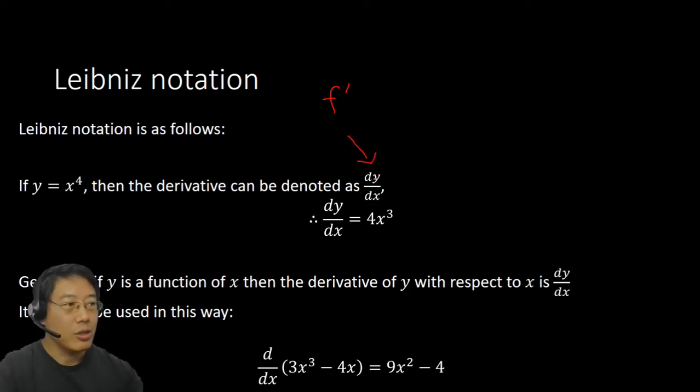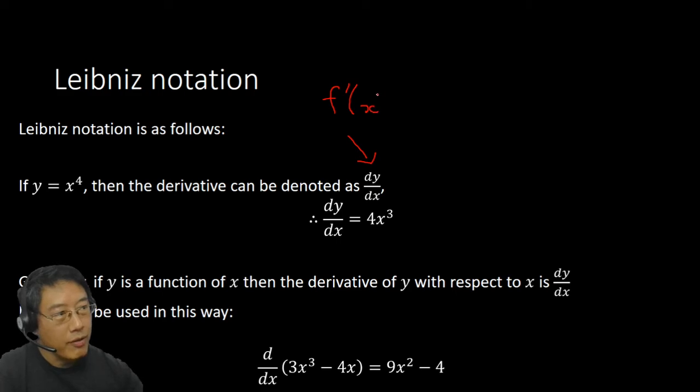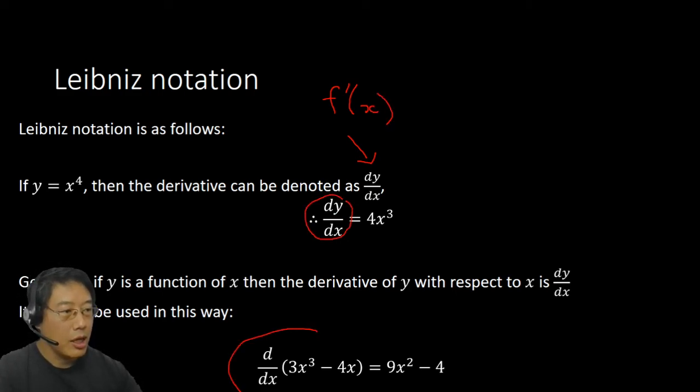That's your function f, or we can call it y, because it's defined as y equals x to the power 4, and it's in terms of dx. By the way, that's a comma, not a dash. So dy over dx is the same as f prime of x. You have this notation, you can also have that notation, and at the end the calculation is still the same as what we did before.